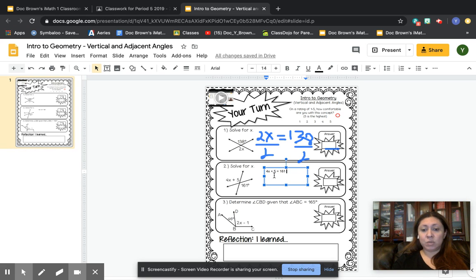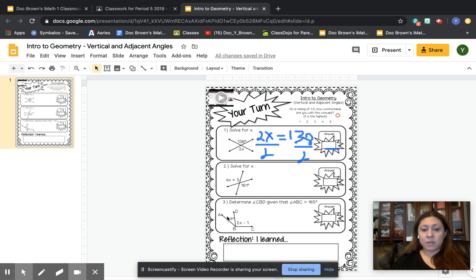Solve for x. Subtract 5 from both sides. So minus 5, minus 5. I get 4x equals 156 or something. Divide that, boom, you're done. And then the answer goes there.